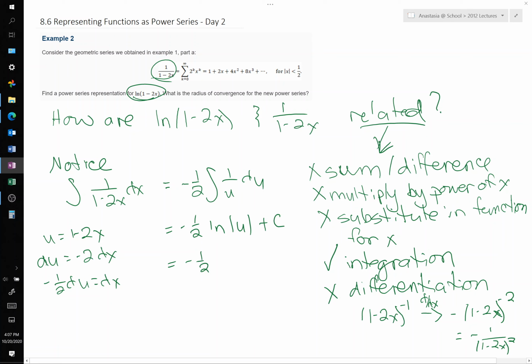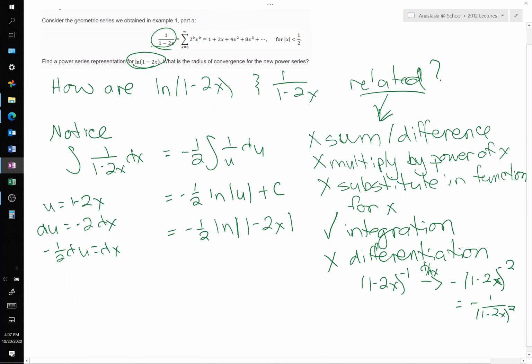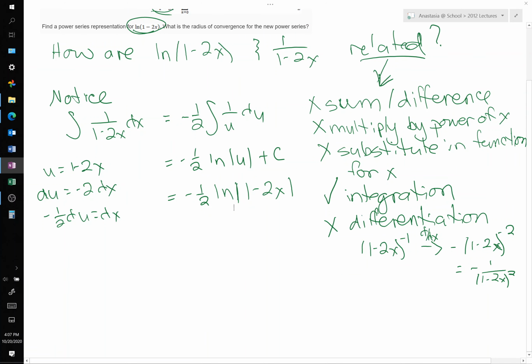So we'll get a negative 1/2 natural log absolute value of 1 minus 2x. And I know we're off by an absolute value here, but that part doesn't matter all of that much. So we will say that this is the function that we want here.